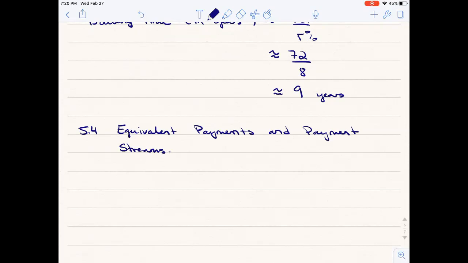Which we've already seen once in the simple interest case, right? Now we're seeing it in the compound interest case, but the idea is the same. So we'll just start with an example. Example 185.